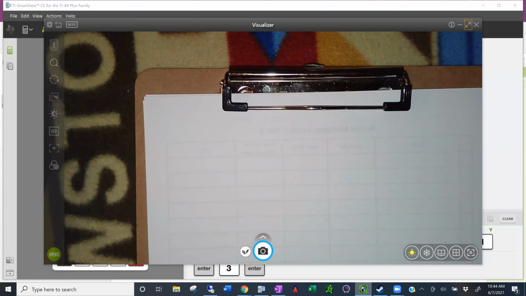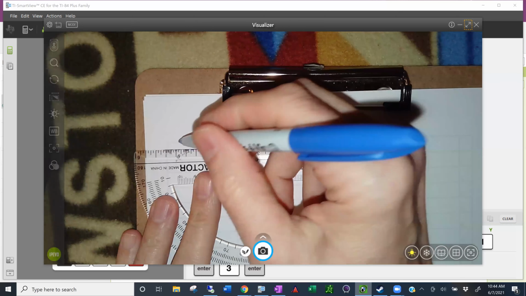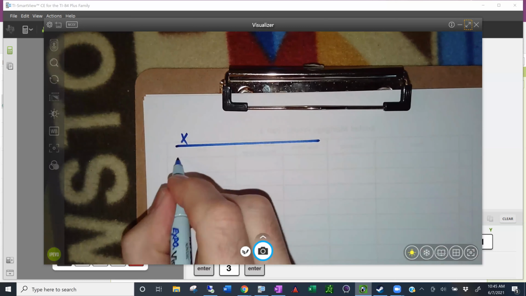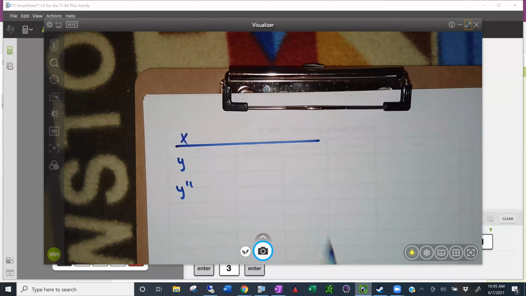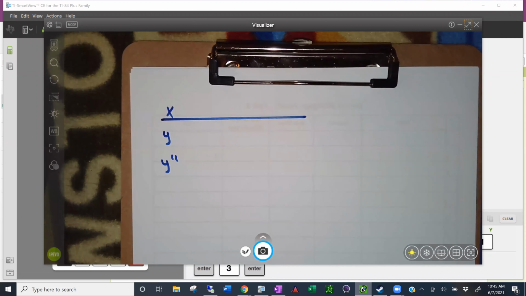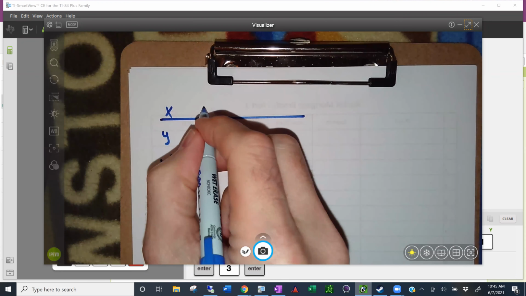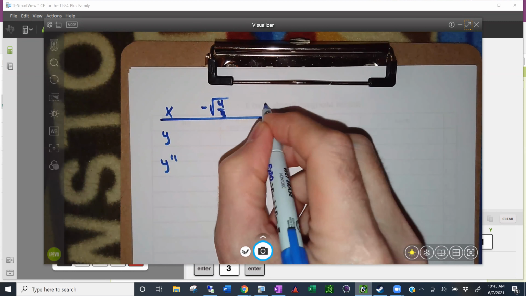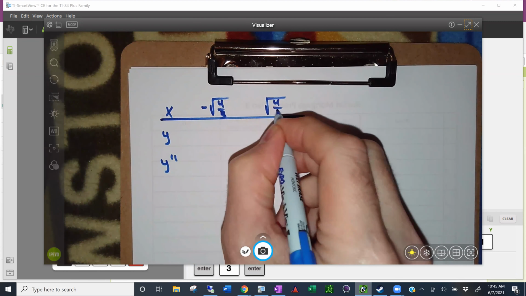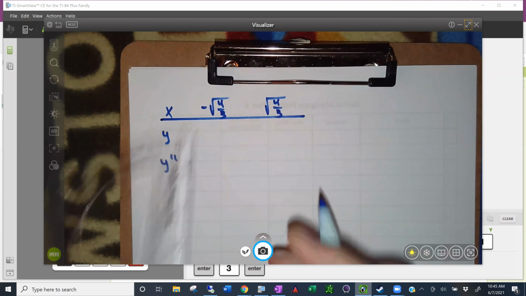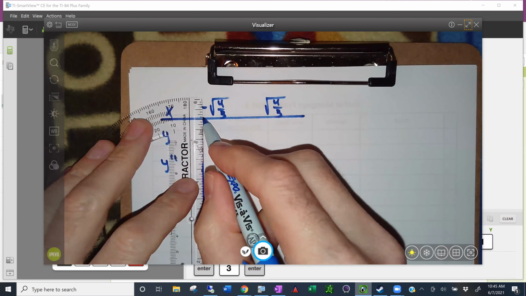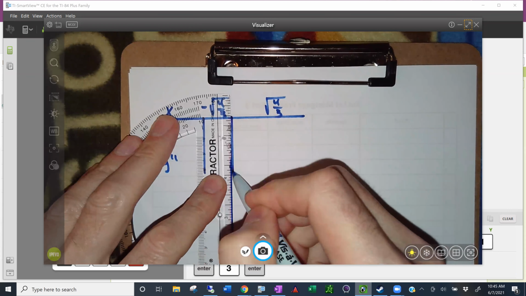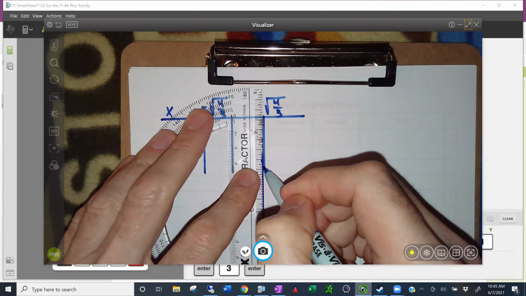So we'll make a little table like we did with the last one. X, Y, Y double prime. And we have points at negative square root of 4/3 and positive square root of 4/3. So when I read your notes after your exam, I'd like to see tables like this.